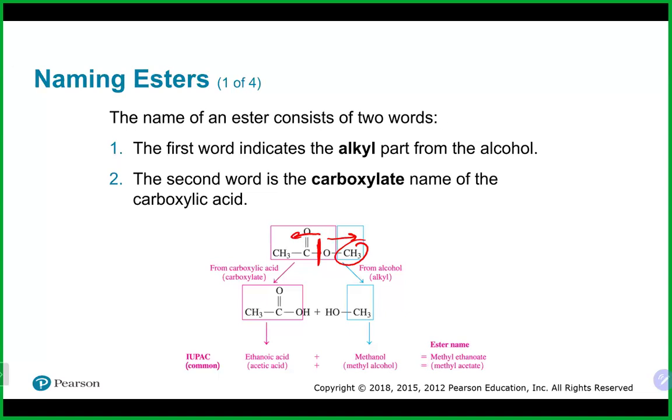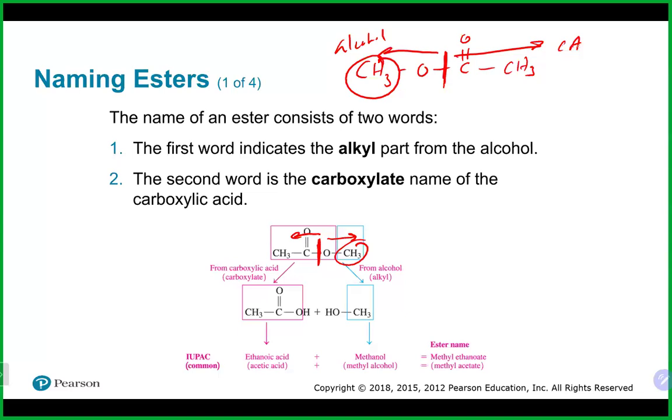And although they've all been drawn this way, clearly it works if it is flipped around the other direction as well. So once again, you want to look there and go away from the double bond to get to your alcohol, and obviously through the double bond to get to your carboxylic acid. So even if it's flipped around, just go in those directions to get the 2 parts that you need.